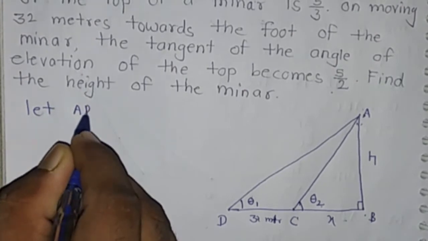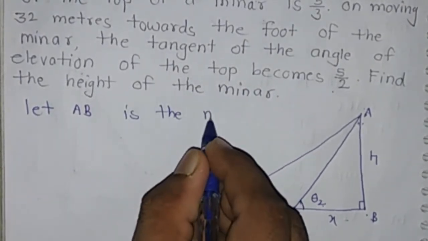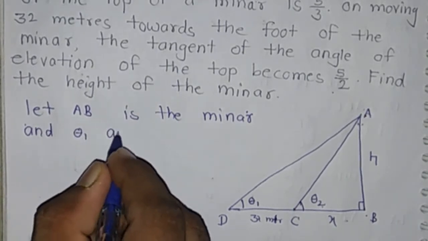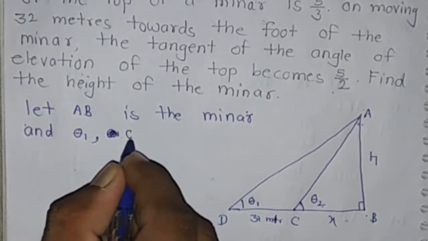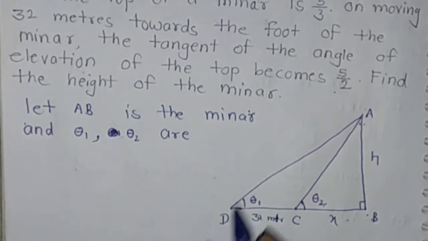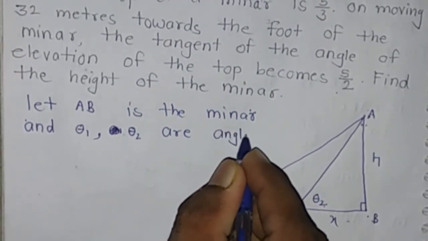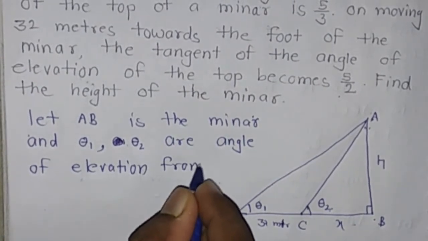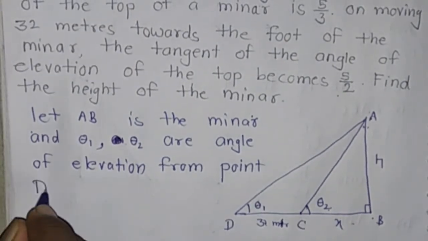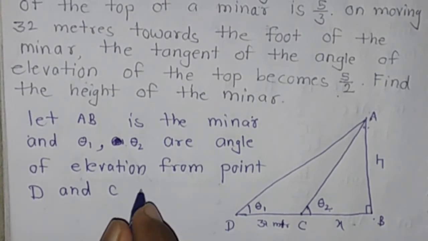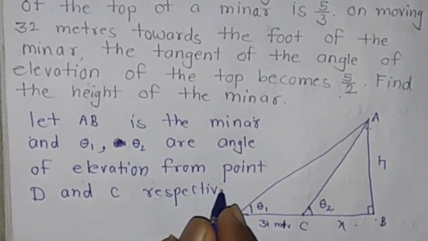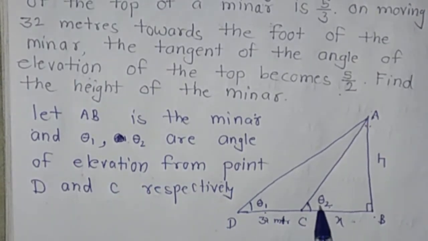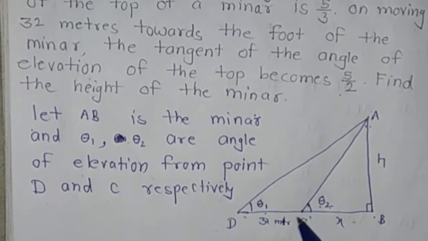Let AB be the minar, and theta 1, theta 2 are the angles of elevation from point D and C respectively, to the top of the tower.